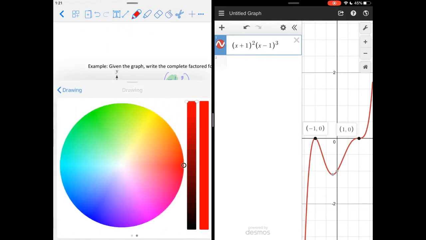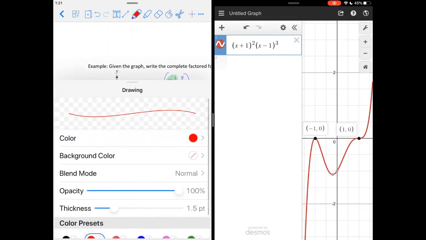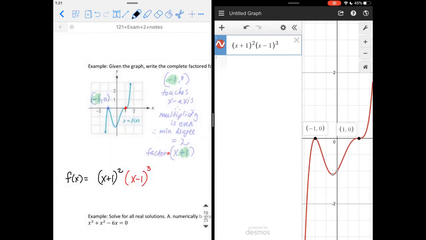But here on our coordinate grid, this point right here looks to be maybe 0, negative 2-ish. And right here it's 0, negative 1.